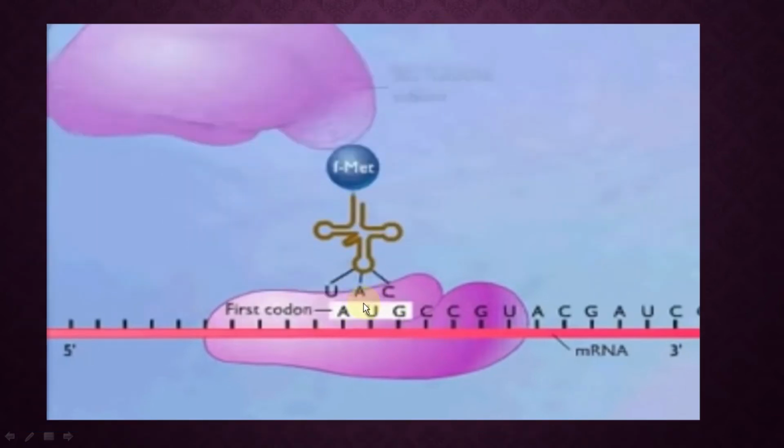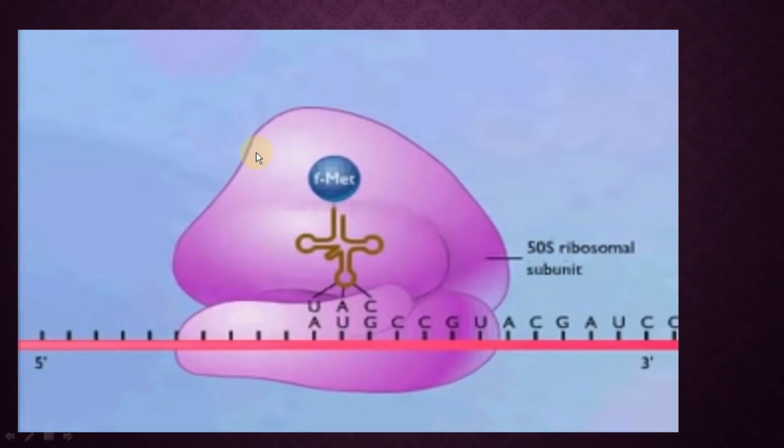When the bonding takes place, the larger unit of the ribosome also comes and attaches on the smaller unit. This is the 30S ribosomal subunit and this is the 50S ribosomal subunit. Codon-anticodon bonding takes place here.